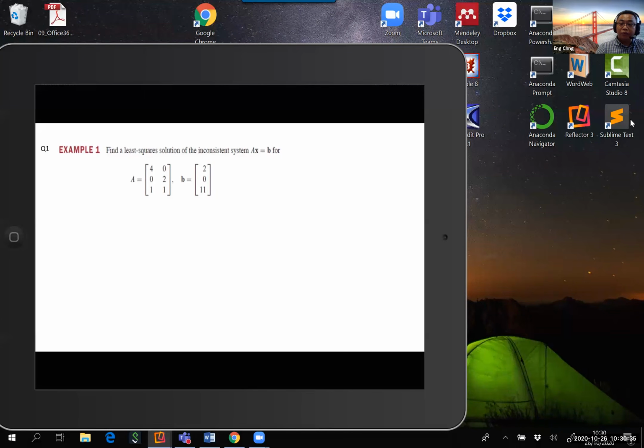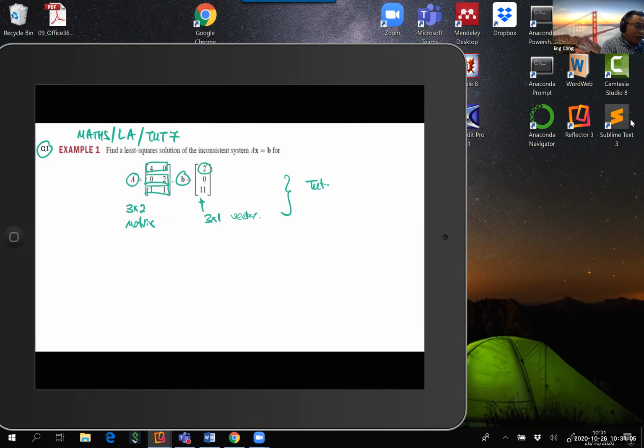Okay, so we are going to do this question first. We are given the matrix A, which is a 3 by 2 matrix, and we are given B, which is a 3 by 1 vector. If you remember from your first tutorials, you can view each of these rows as an equation, and these are the targets of the equations.